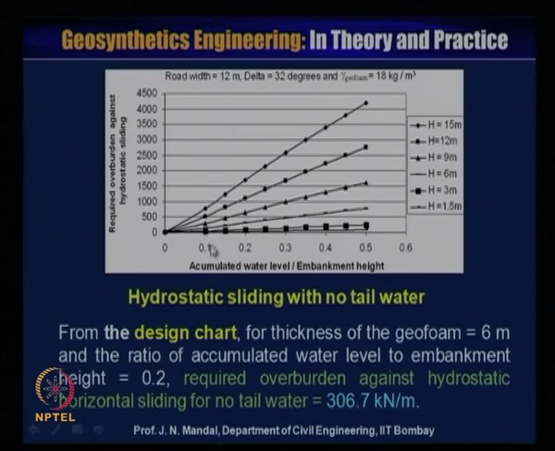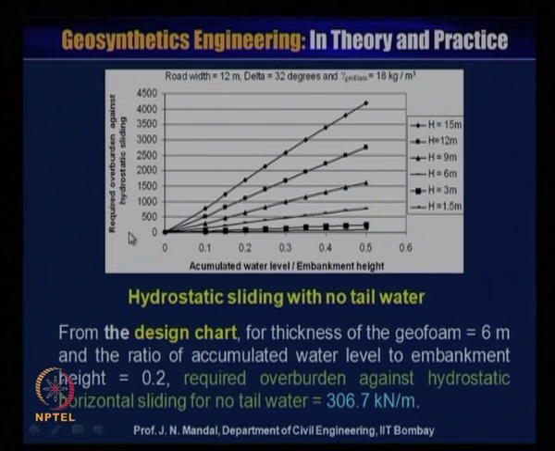So here for the design chart, the thickness of the geofoam is 6 meter. So this one, 6 meter, and the ratio of accumulated water level to the embankment height is 0.2. So from the 0.2 you move up, where H is equal to 6 meter, and then you move horizontally.